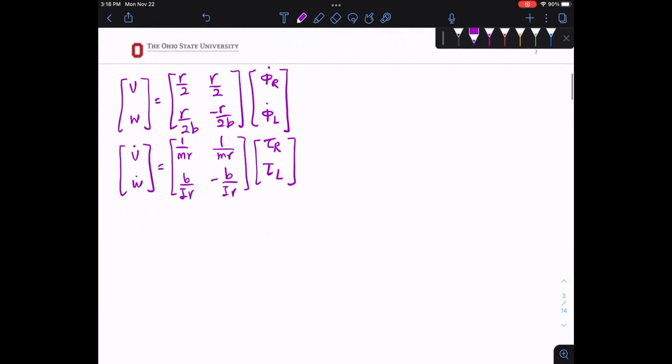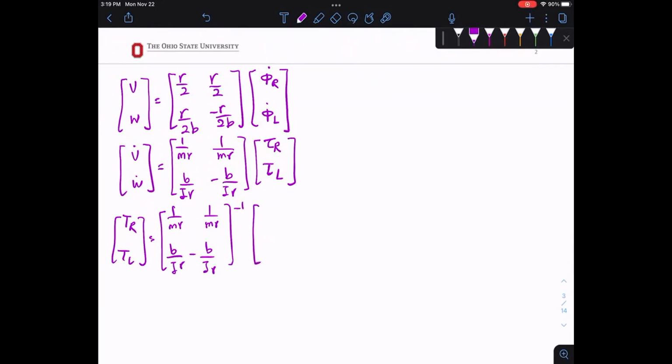Now, if you put them together, tau R, tau L is going to be 1 over M R, P over I R, P over I R inverse. You're just substituting.